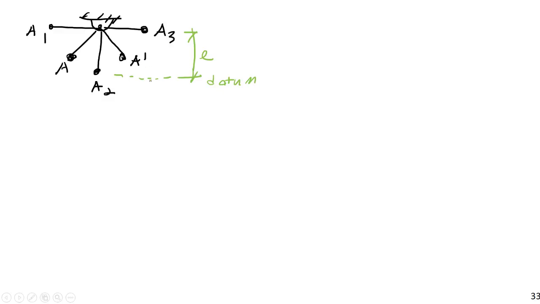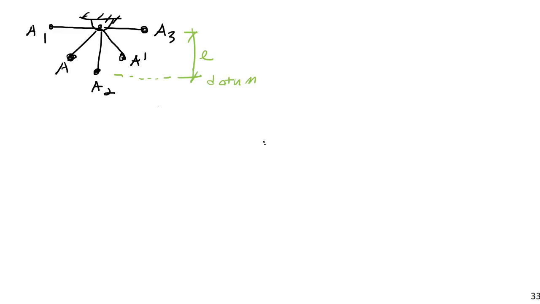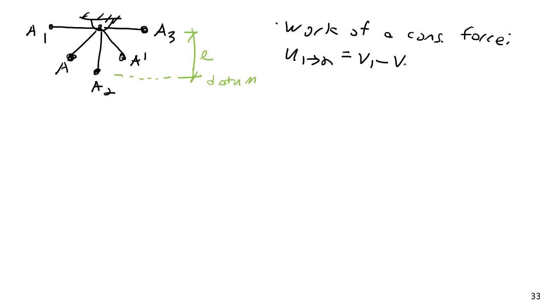So let's look at the work of a conservative force. The work of a conservative force, U from 1 to 2, is going to be equal to the potential energy 1 minus potential energy 2.